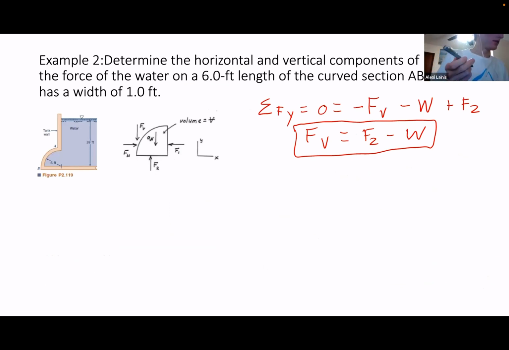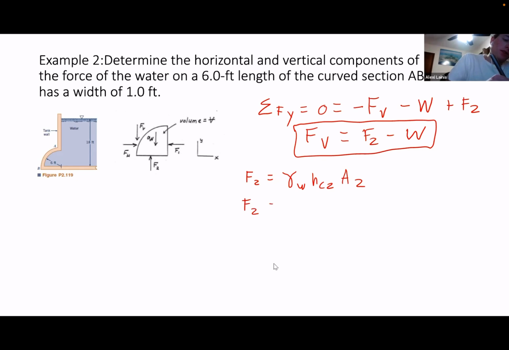All right, we'll start with force 2. So force 2, just like force 1, is going to be gamma water times HC2, which is the depth to the centroid, and then we'll have area 2. So this one will be a little bit easier, right?